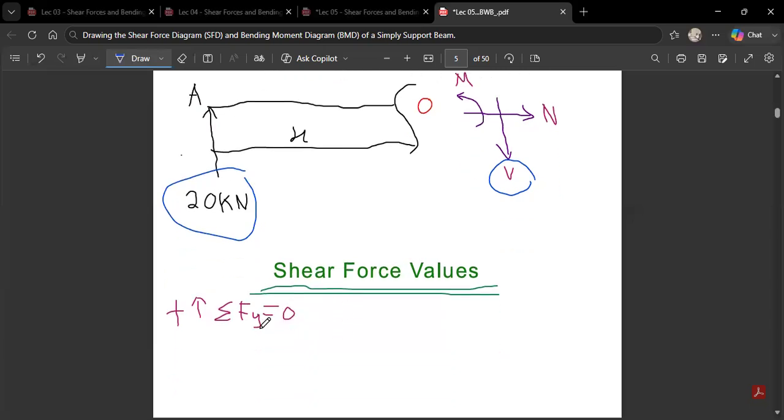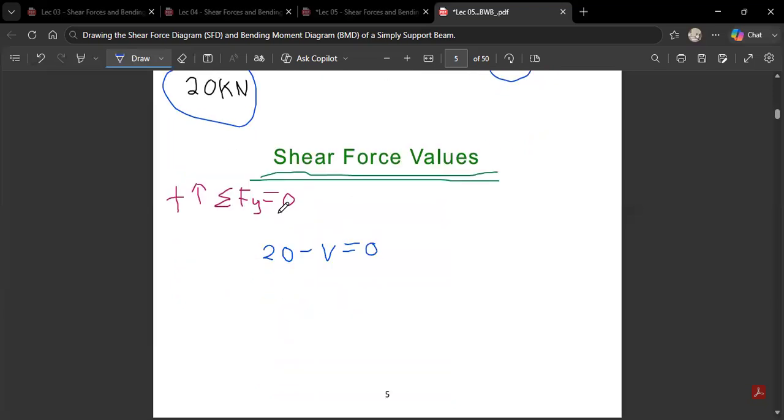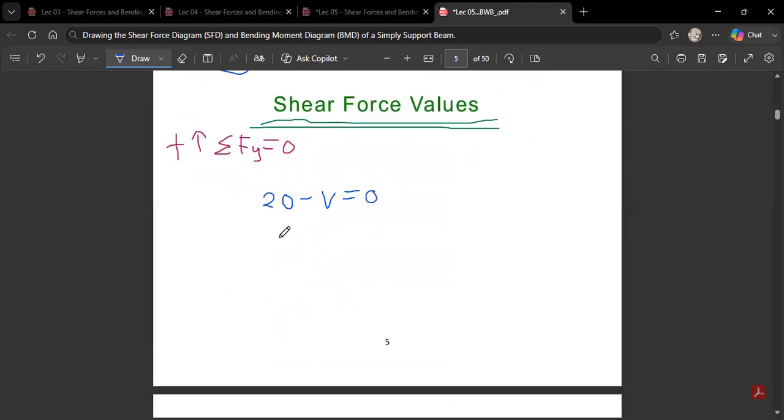It's mathematics. You calculate for it, you are good to go. So you say that it becomes 20 minus V is equal to what? 0. Okay. If you make V the subject, what are you going to get? You're going to get what? 20 is equal to what?